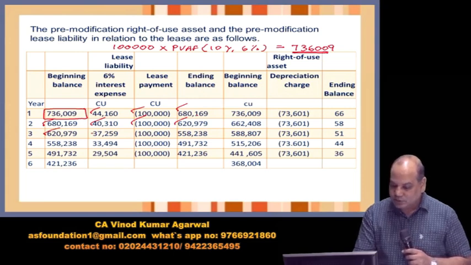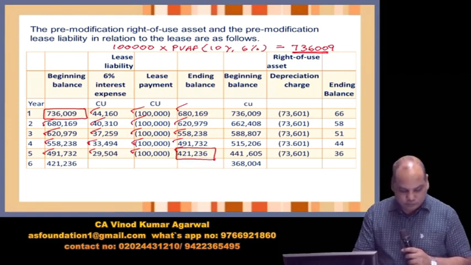Take 6%. 37259, payment 1 lakh, check balance. 558, 238, 6%. 33494, 1 lakh paid, check balance. 491, 732, 6% interest, payment made, balance.